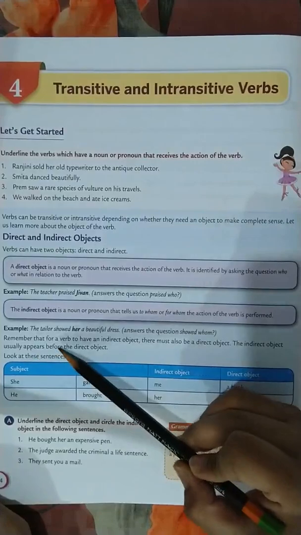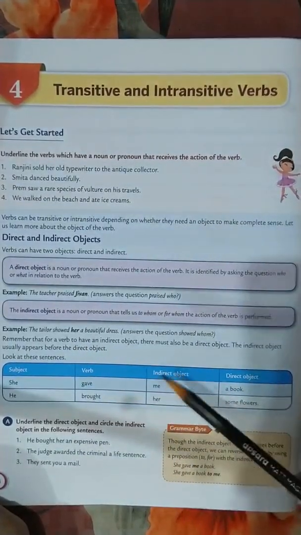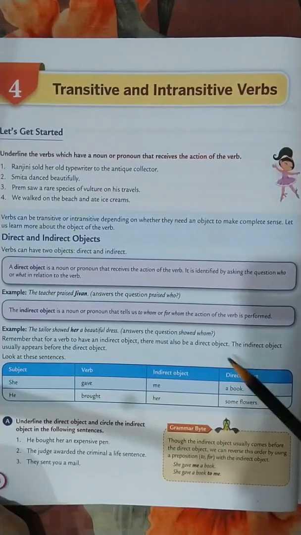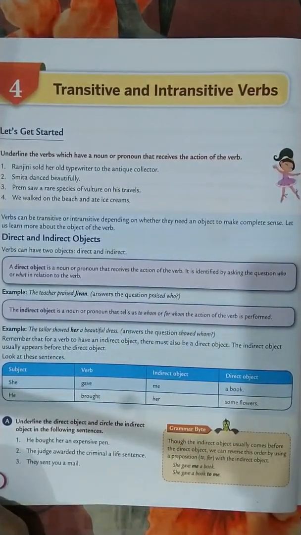Remember that for a verb to have an indirect object, there must be a direct object. The indirect object usually appears before the direct object.